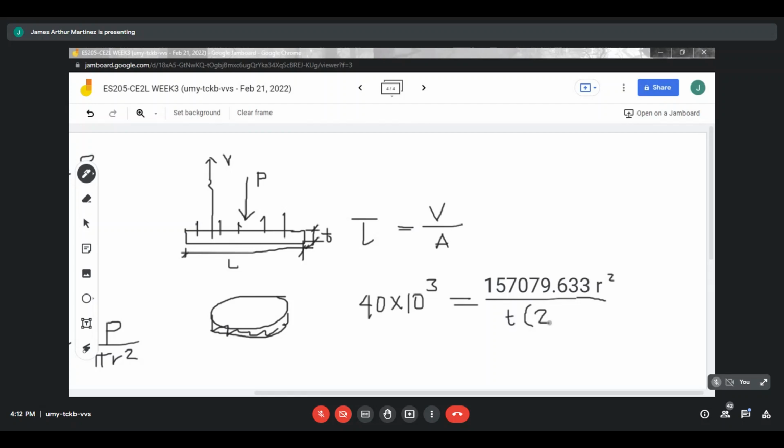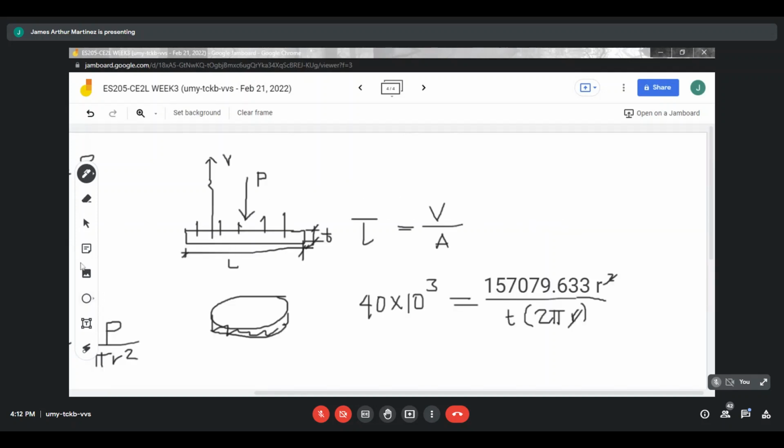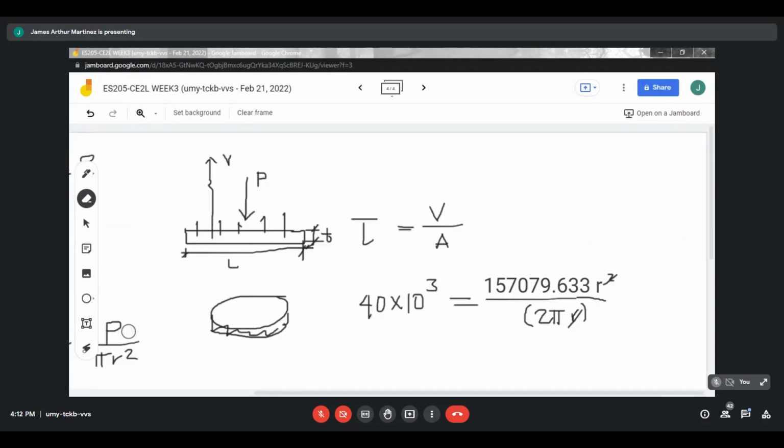So 2 pi r. So since I'm using radius, so in terms of radius po ang ako ang formulas na panggamito, no? So ma-cancel out ang isa ka r. And thickness is, by the way, given na siya, no? So ako na lang siyang i-substitute directly. Thickness is 0.25 inches.